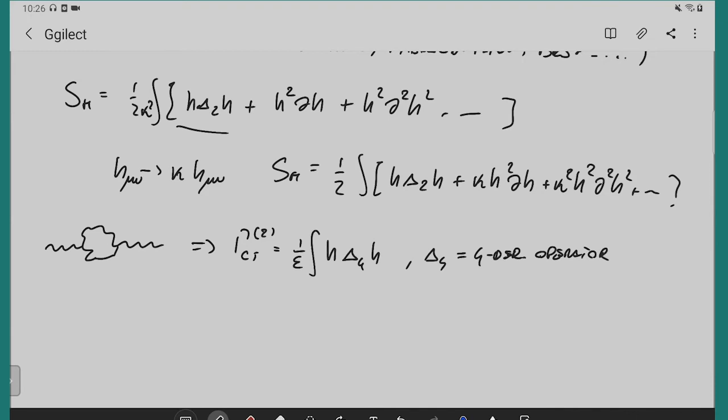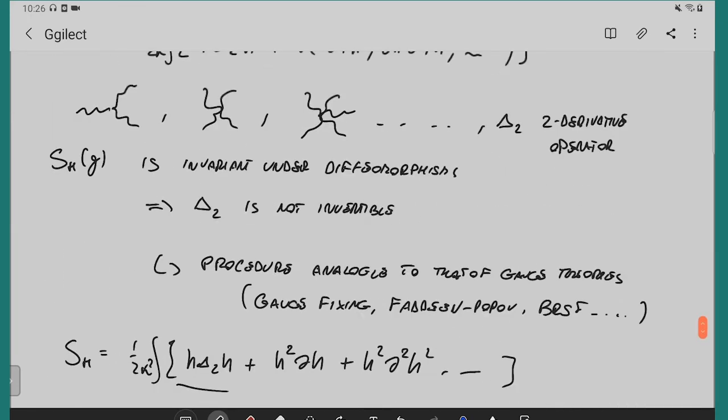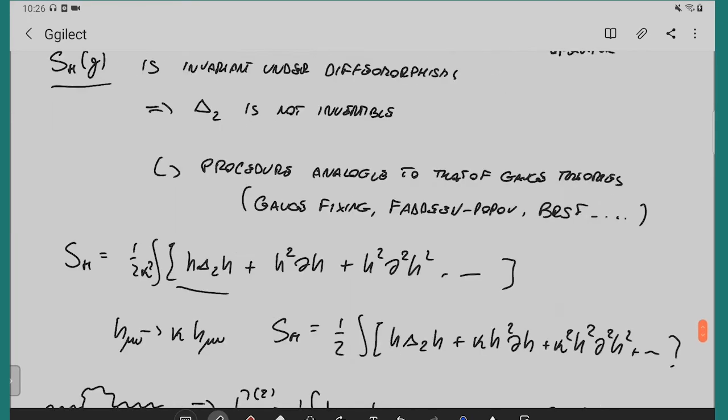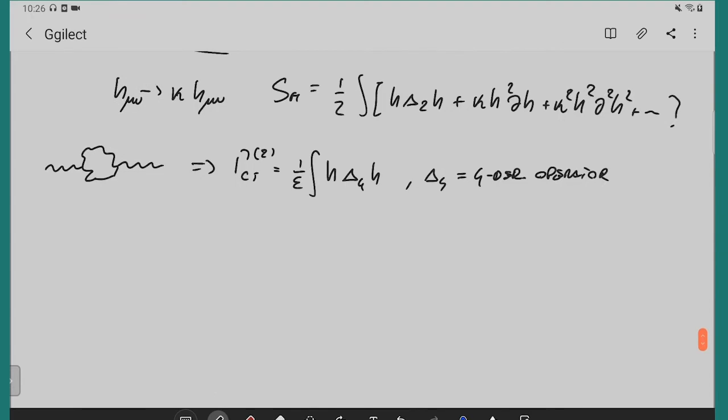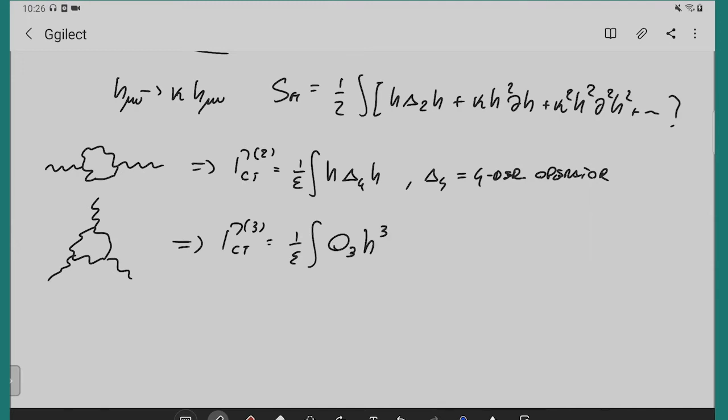But anyway, you can continue because still you don't know what to do with this, because your original action was a functional of G, the metric. Then in principle, you might think that you have to compute also, I don't know, a correction to the vertex. This will give you some counterterm of this form where you have some operator which acts on some power, or the third power, of the field.